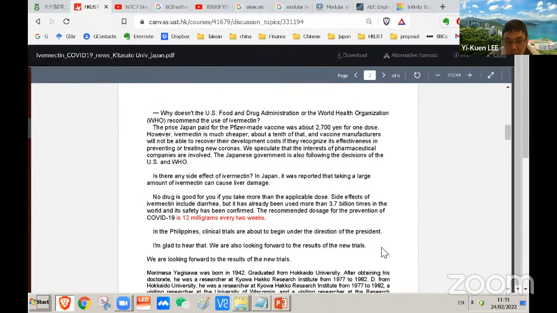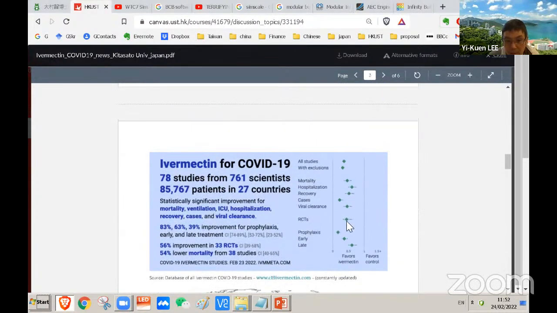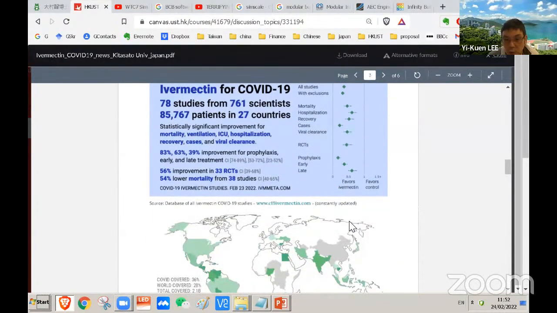But eventually, I tell you that in the following weeks, I see more people in Hong Kong will die. I just let you know that ivermectin is a well-known drug for 40 years to treat some kinds of disease, and this particular use has been proved useful.